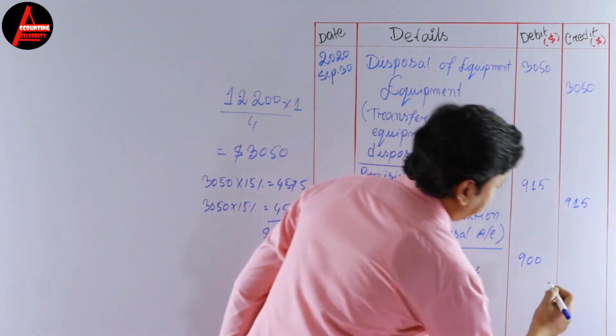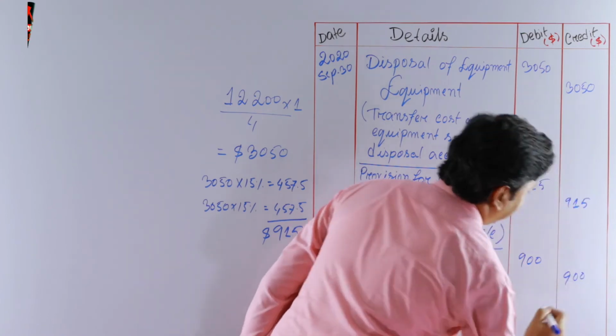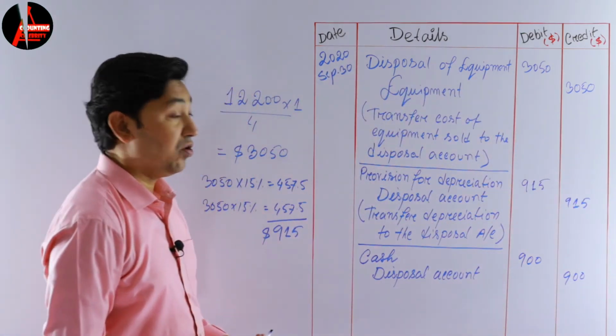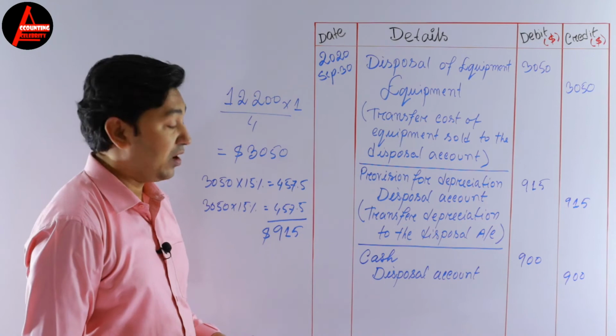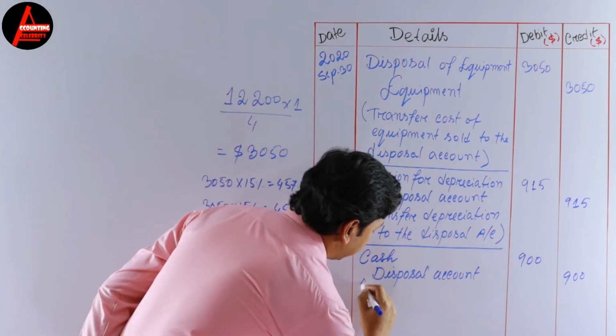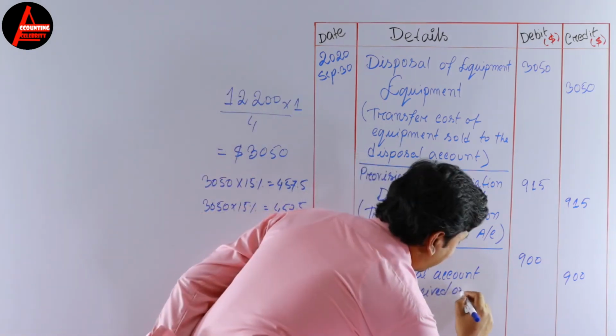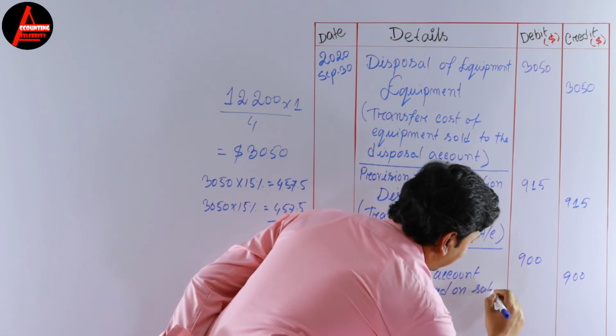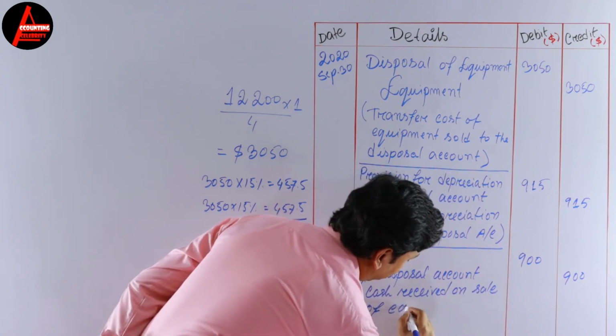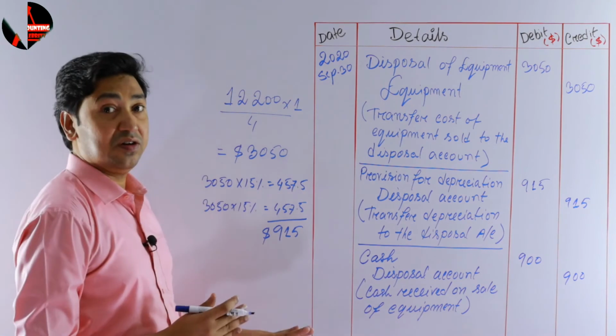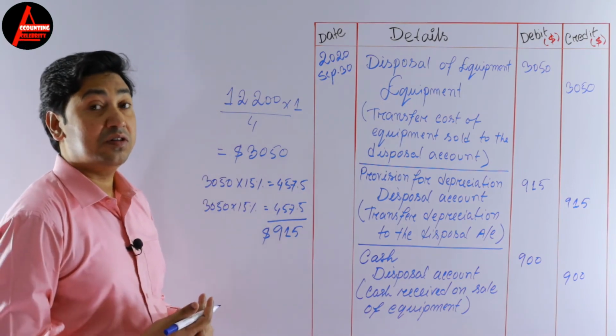Okay, same amount here $900. Okay, now we have to write a short narrative. Yeah, we can write here cash received on sale of equipment. Okay, so done.